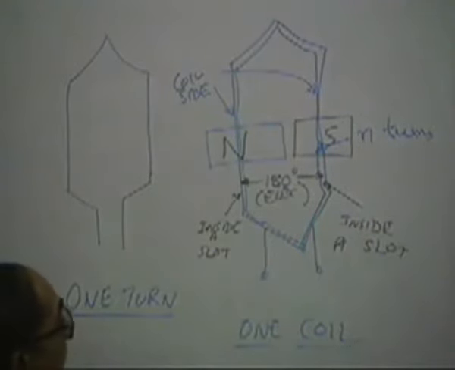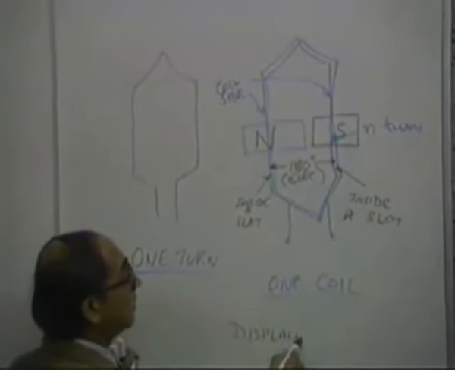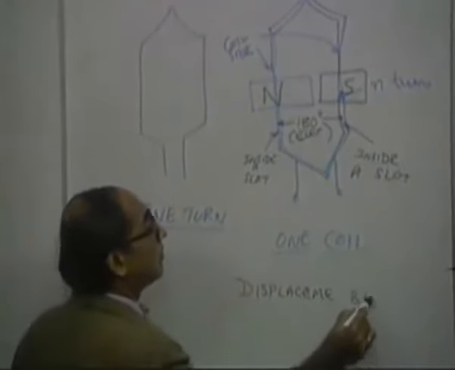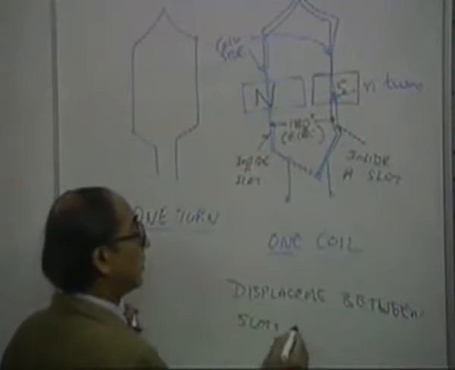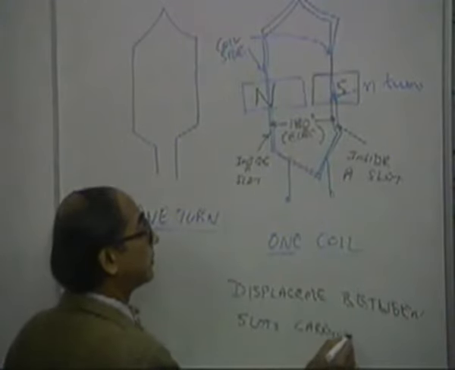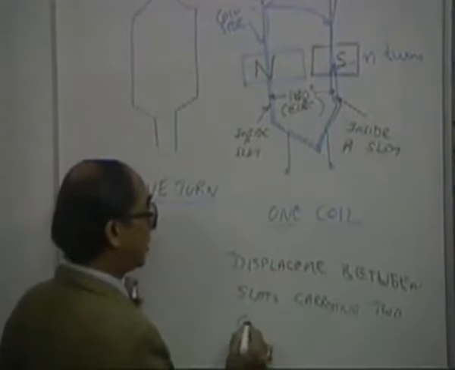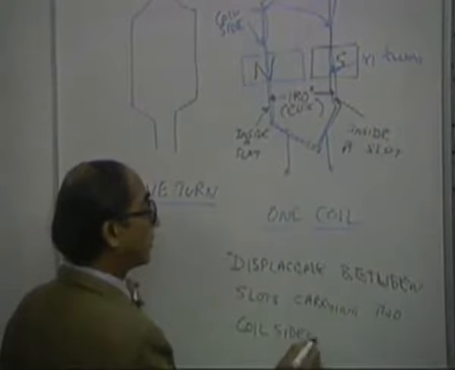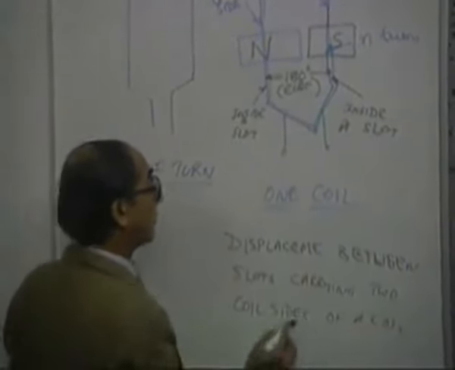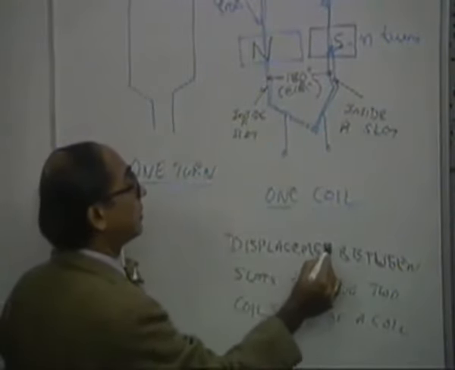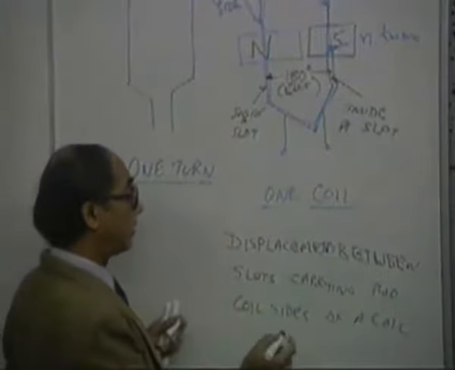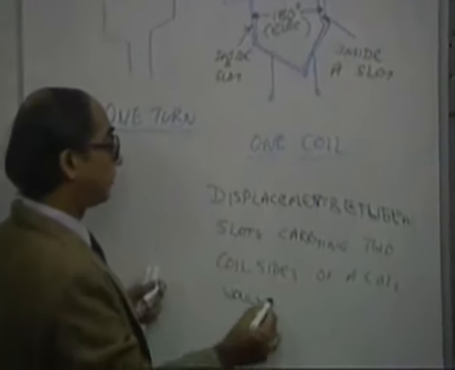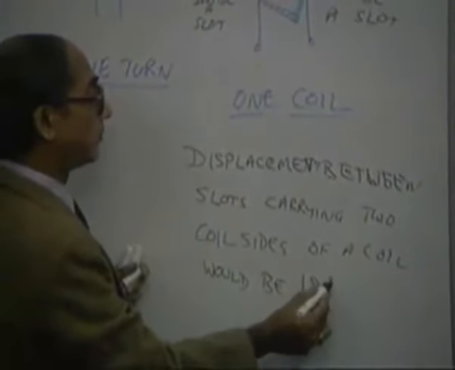So, the displacement between the slots carrying the two coil sides of a coil would be 180 degrees electrical.